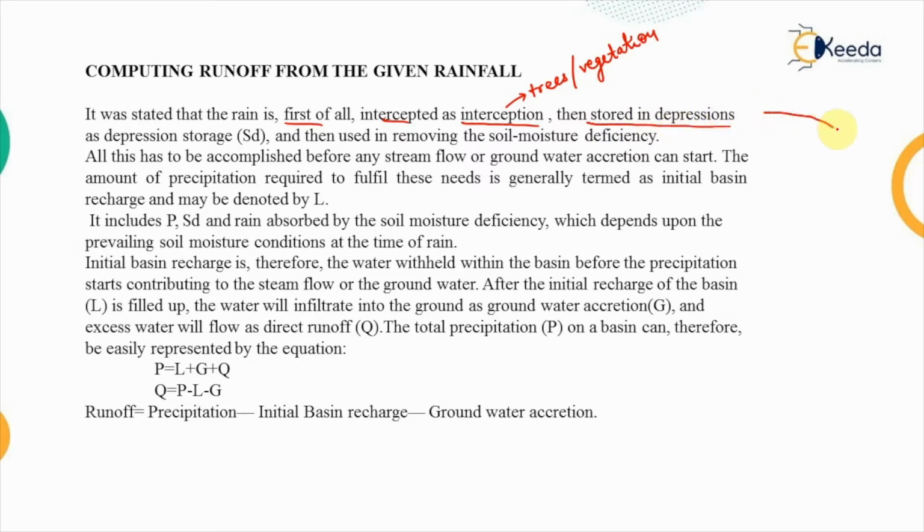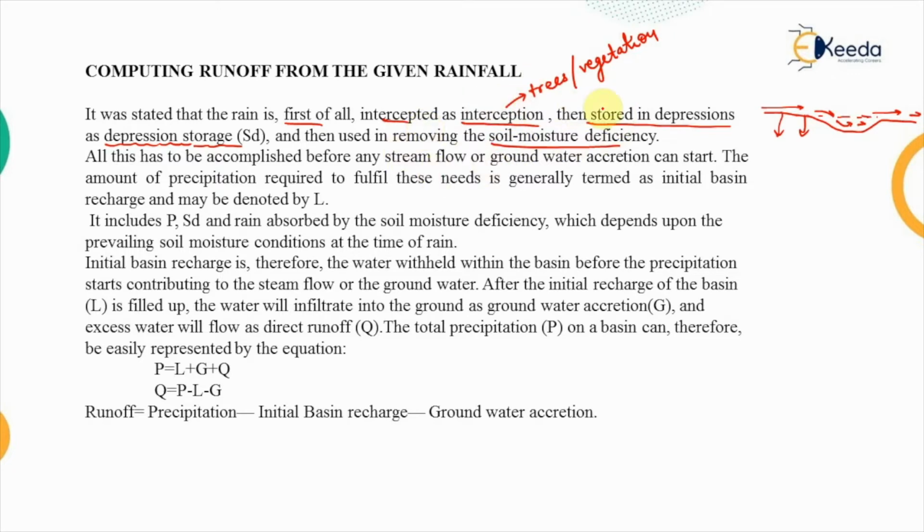So if the water is flowing and such a depression is made, first of all water will be filled up in this depression, and when this is at the same level, then only the water will move ahead. So this type of storage of water is known as the depression storage. And the rest of the water that is percolating is used in removing the soil moisture deficiency.